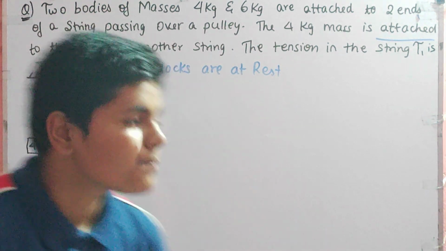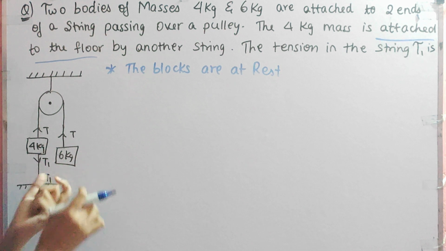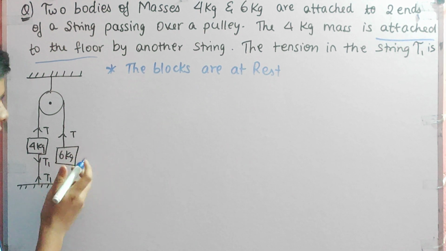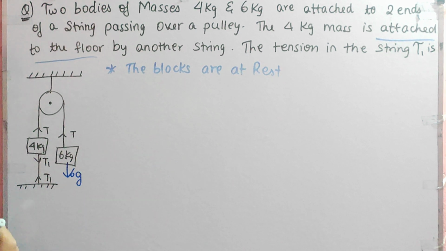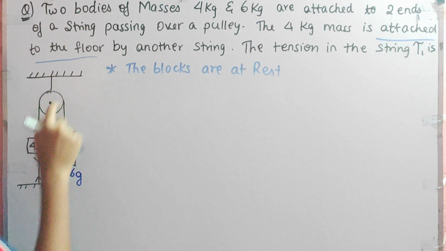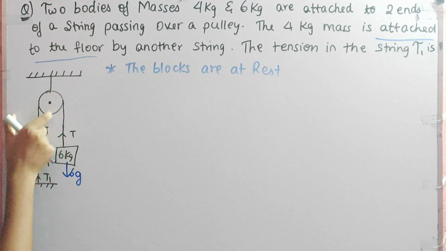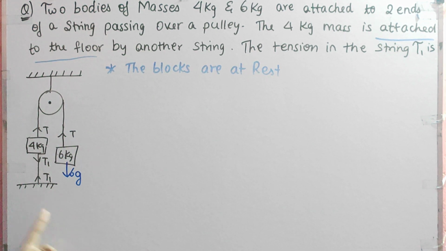Why? Because see what happens over here: the 6 kg has the force 6g applied, so the block tries to go down. But because of this string, it wants to go up, but it cannot because it is attached to the bottom.